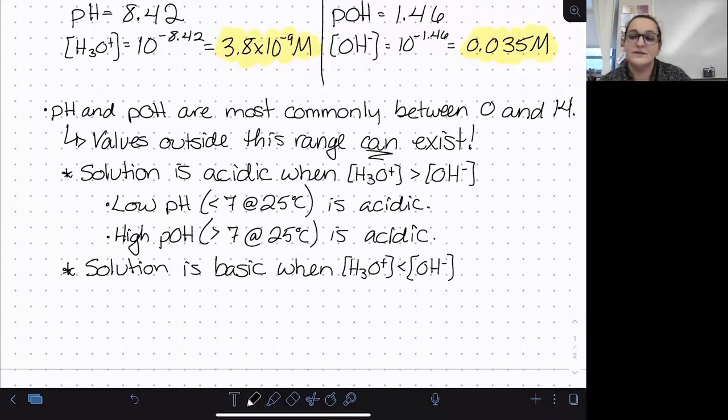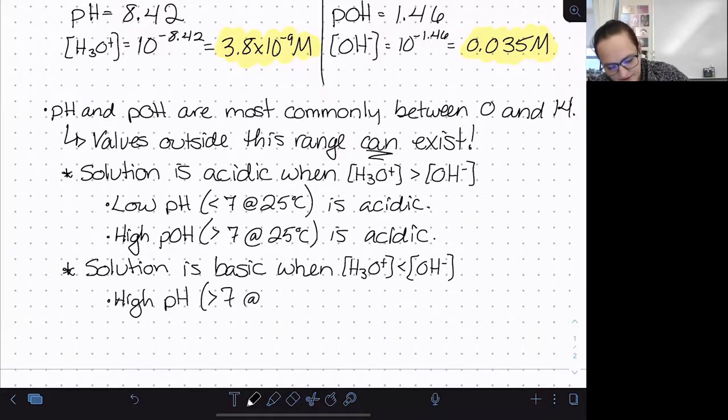We have more basic stuff than acidic stuff, so the solution is basic. High pH, greater than 7 at 25 degrees Celsius, is basic.